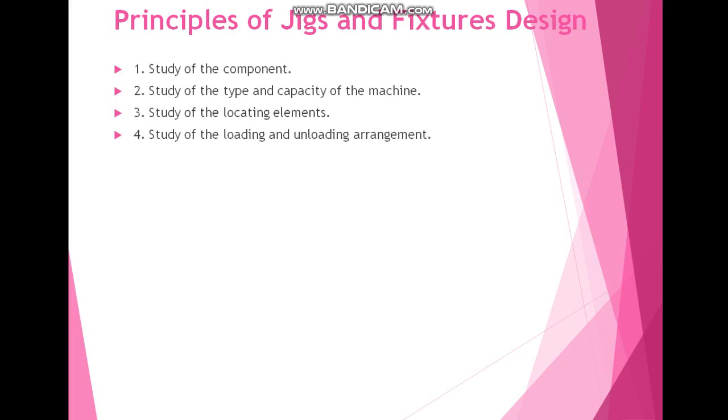While designing the jig and fixture, we have to consider the loading and unloading of the workpiece in the jig and fixture. Next point of the jigs and fixture design is study of the clamping arrangement. First of all we need to study the different clamping arrangements while designing the jig and fixture.